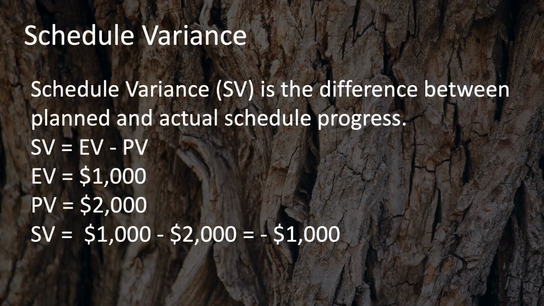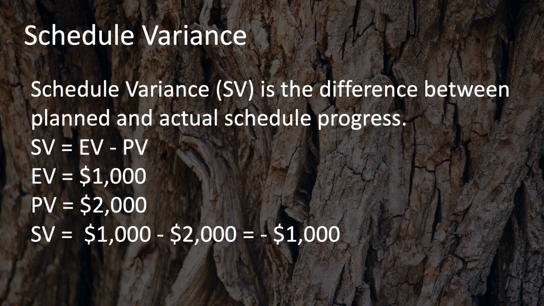The degree of variance between the planned and actual schedule and cost are measured using schedule and cost variances and indices. The schedule variance, SV, is the difference between the planned and actual schedule progress. In our digital scanning project, we are off by 1 day, measured in dollars as $1,000.